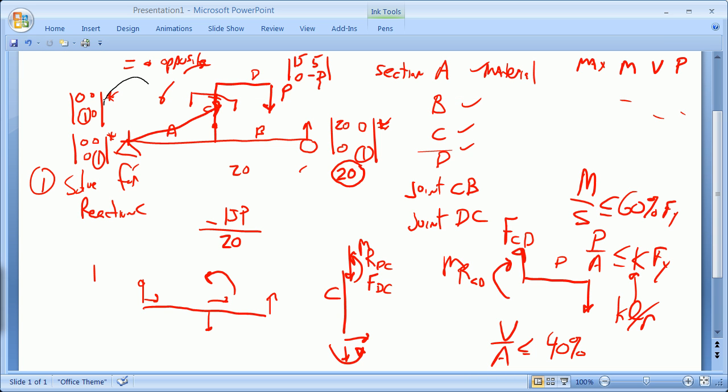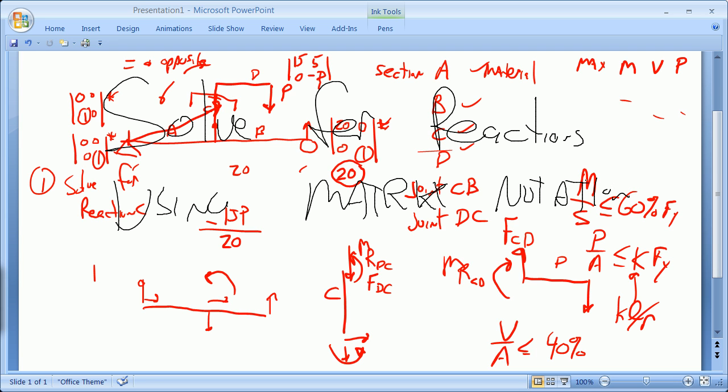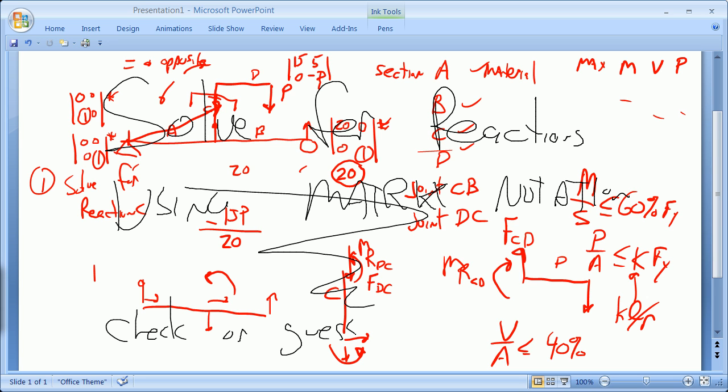Solve for reactions, probably using matrix notation. And then you can also check or guess using vectors. And of course you'll see in something I'll link into this video, they are the same.